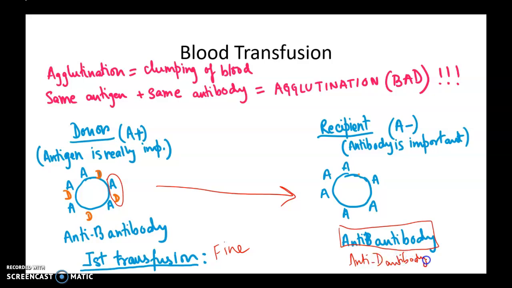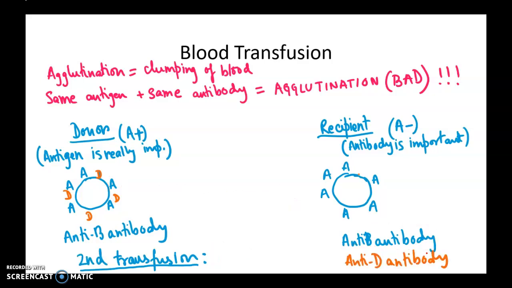So after the first blood transfusion, the recipient will have both anti-B antibody and anti-D antibody in the plasma. That's okay. But what if this person needs a second transfusion in the future? Can that happen? Yes, a patient might require a second blood transfusion.